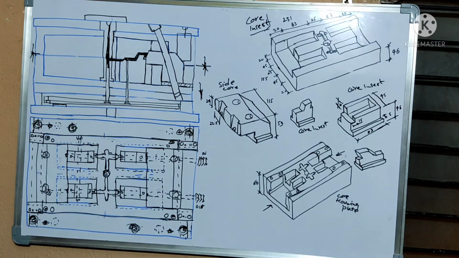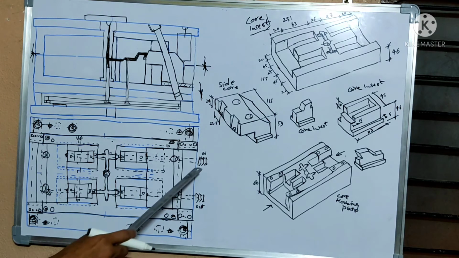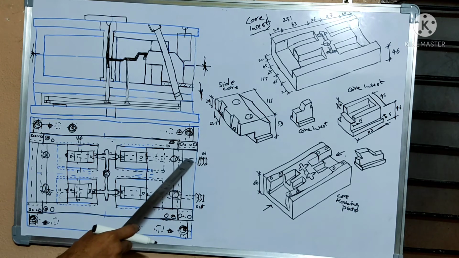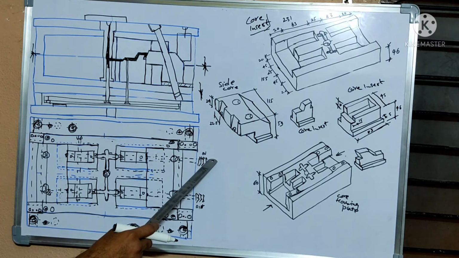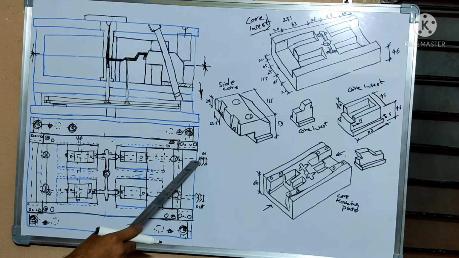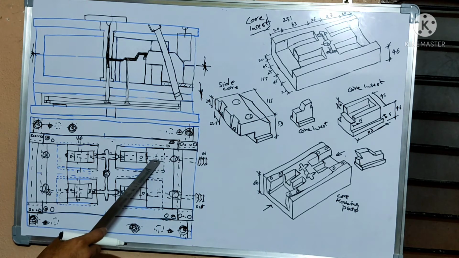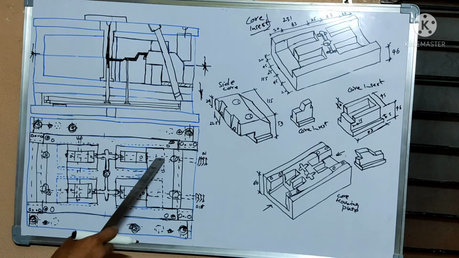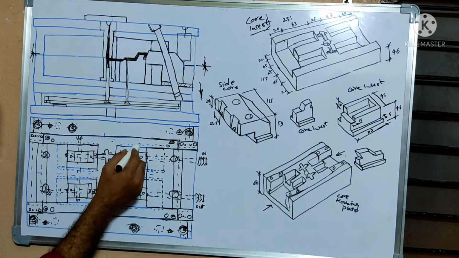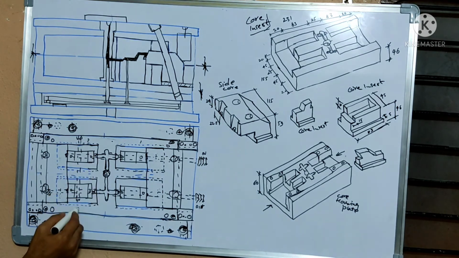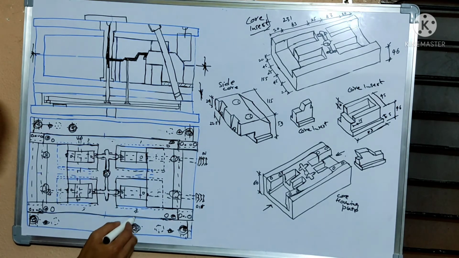During this operation, the cooling is required. In this, a rectangular circuit cooling has been provided. We are going to observe. This is the inlet for the water circuit. First, through the inlet water circuit, a water channel has been drilled into the first component, and then the second component, and then the third component, and then the fourth component.